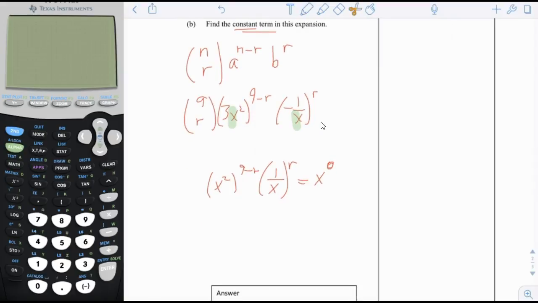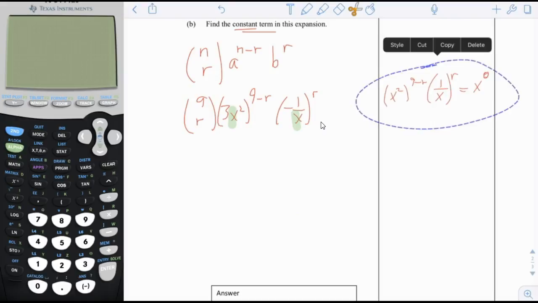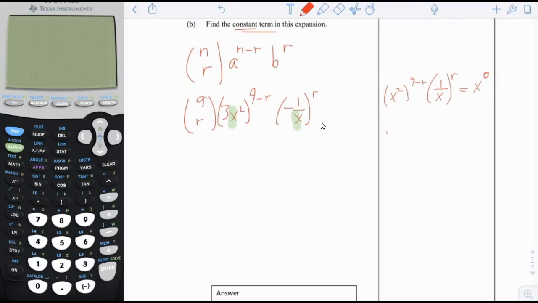So let's do this algebra here and figure out what this is going to lead to. We know that x squared to the 9 minus r is equal to x to the 18 minus 2r, because a power to a power, you can multiply the powers. And then 1 over x to the r is the same thing as x to the negative r, right? And now we can equate the exponents.